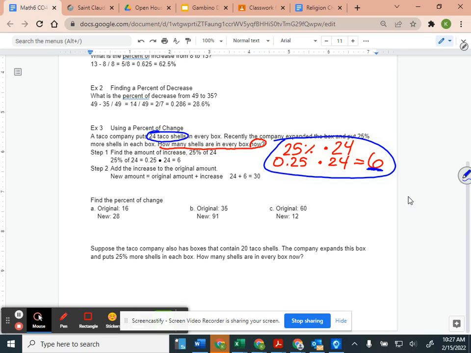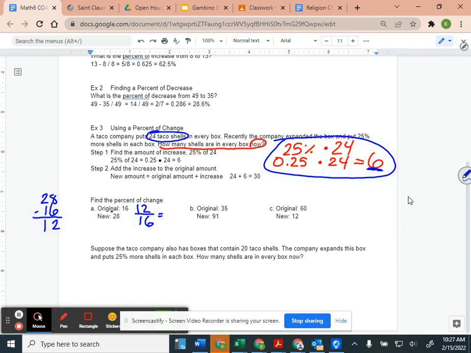I'm going to let Brielle walk us through. How should I set it up? 28 minus 16, because I need to find out what the change is. So that gives me 12. 12 over 16, because 16 is my original amount.